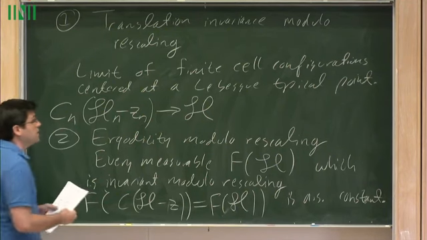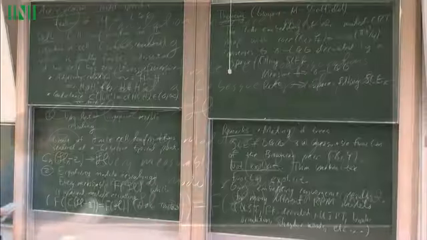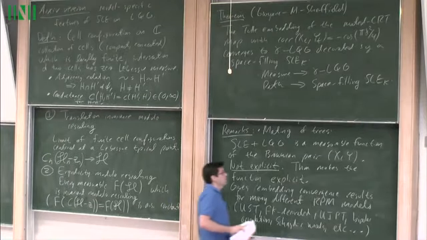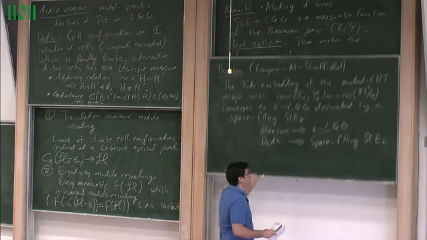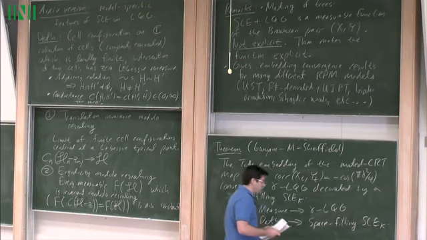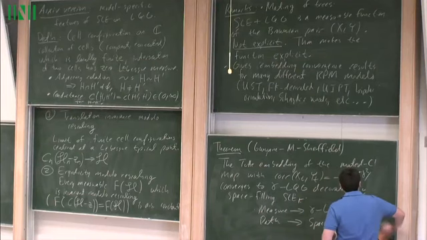And then the final assumption that one needs is the non-degeneracy assumption. For people who do random walk in random environment, this plays the role of your ellipticity assumption.